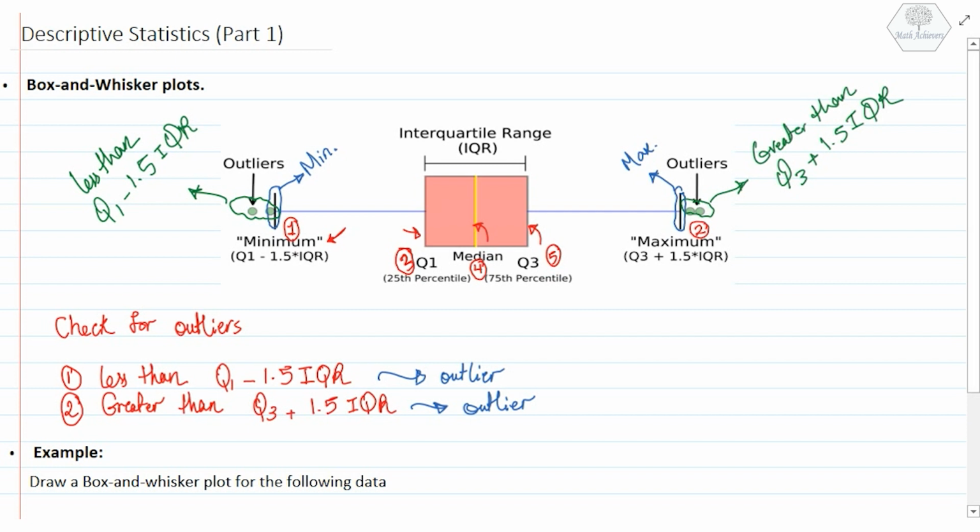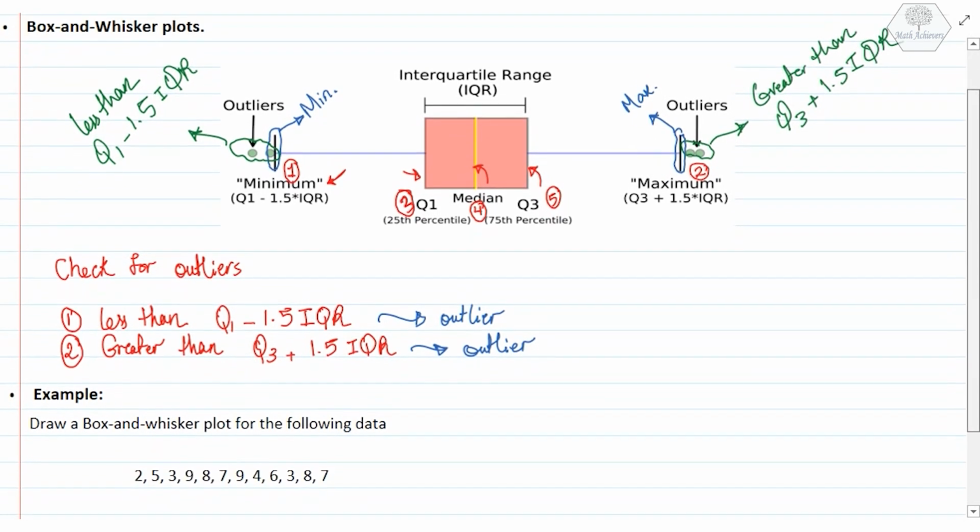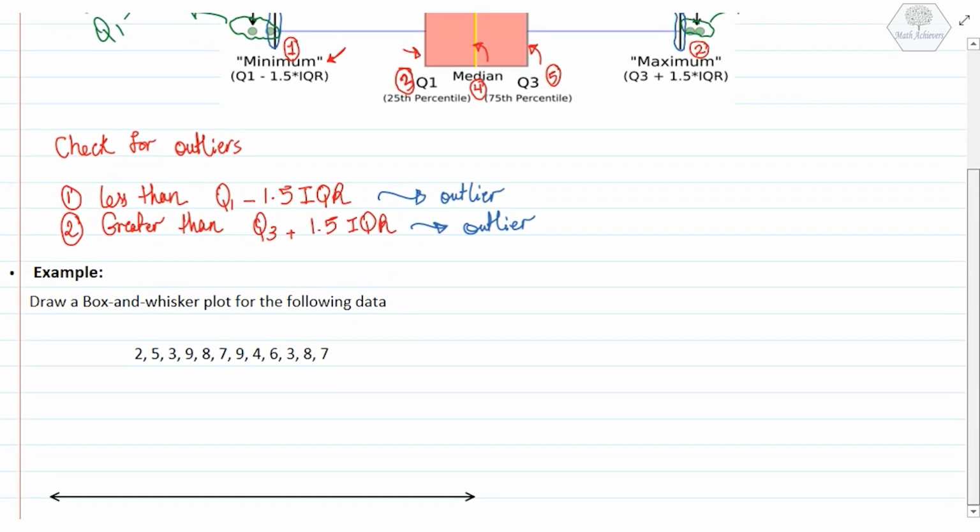Let's now have an example together. For this example, draw a box and whisker plot for the following data. We have our data and we want to draw a box and whisker plot.